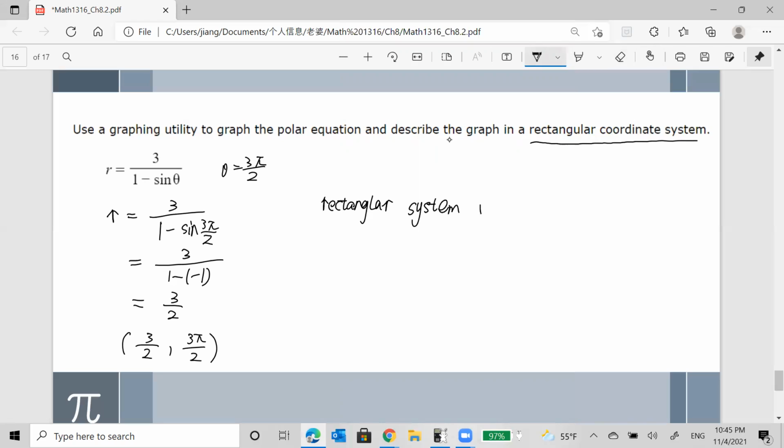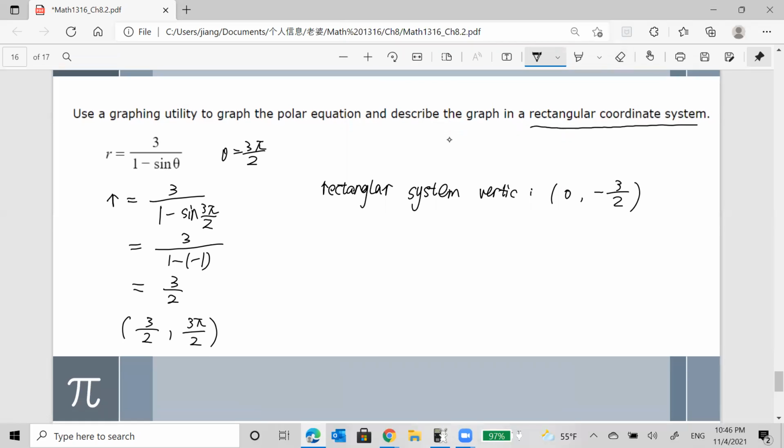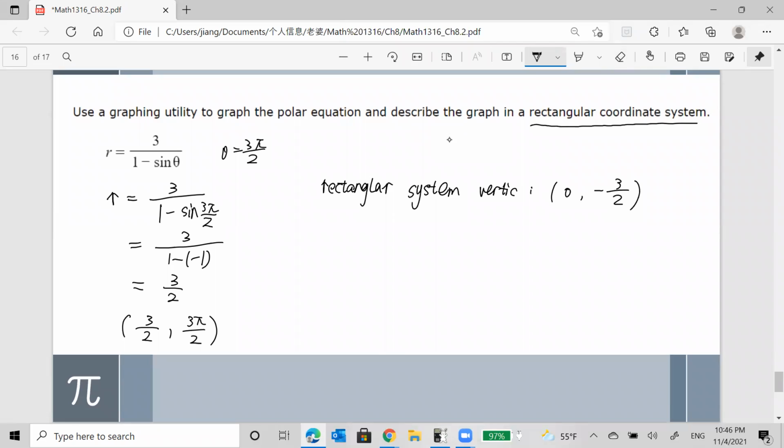The point of the vertex is (0, negative 3 over 2). I think that's about this question. I think you have a similar question in your homework.